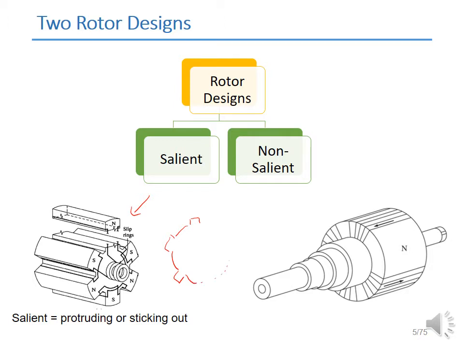While for the non-salient one, from the end view, the surface of the rotor will just look circular and smooth. So these are the poles that are protruding, and that's why this type of rotor is called a salient rotor design.